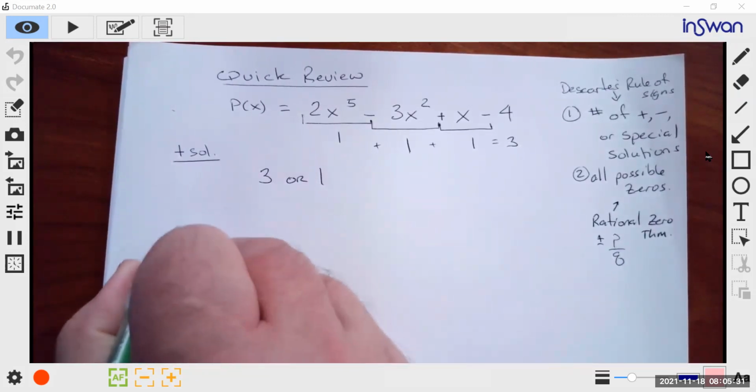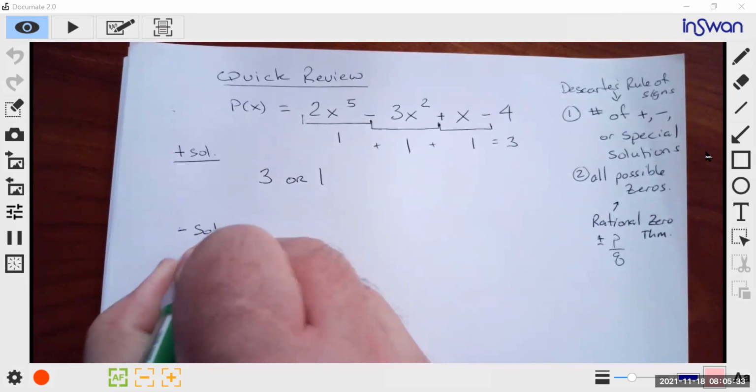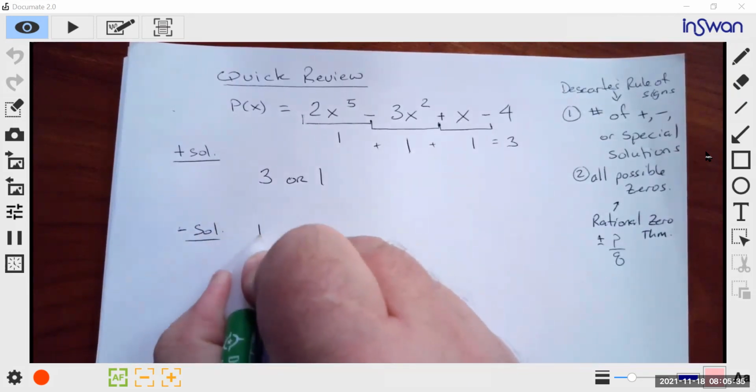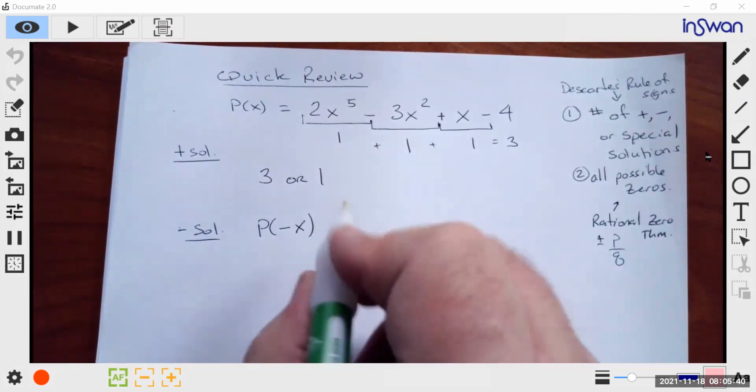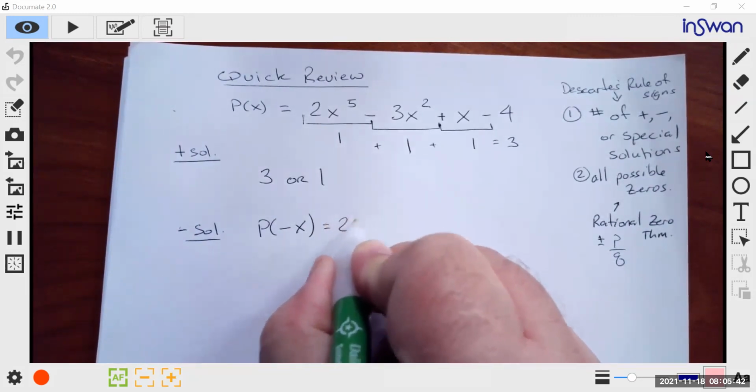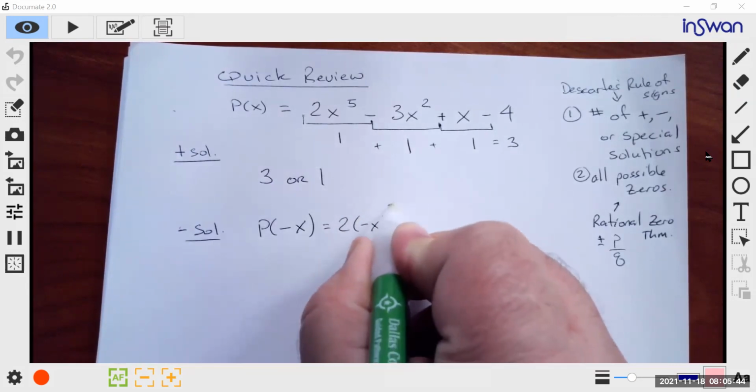So the number of negative solutions, I gotta first put a negative x in the function. So anywhere I see an x, I put a negative x.